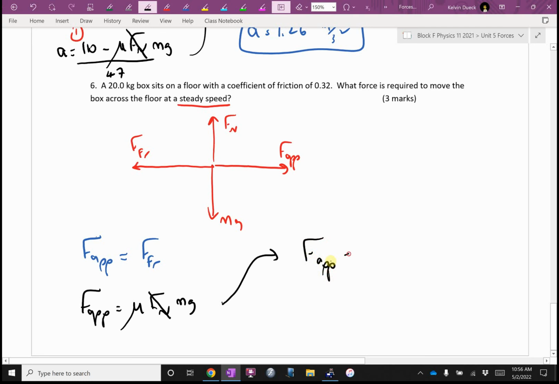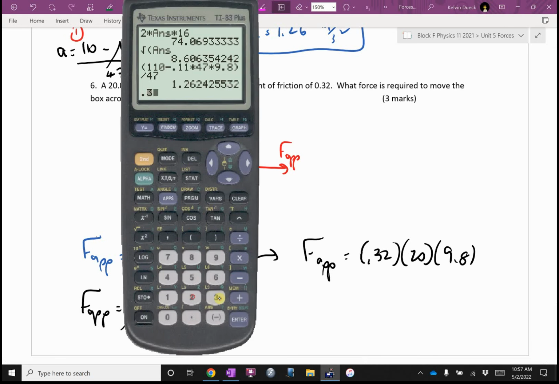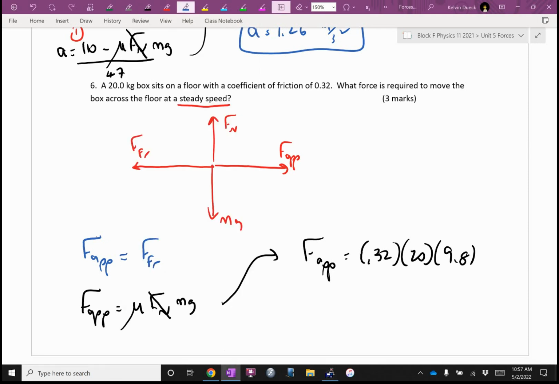F applied is going to be, hey, what's mu? I don't know. What's mu with you? 0.32, sorry, times m times g. And I get 62.7 newtons. If you got that right, 3 out of 3.